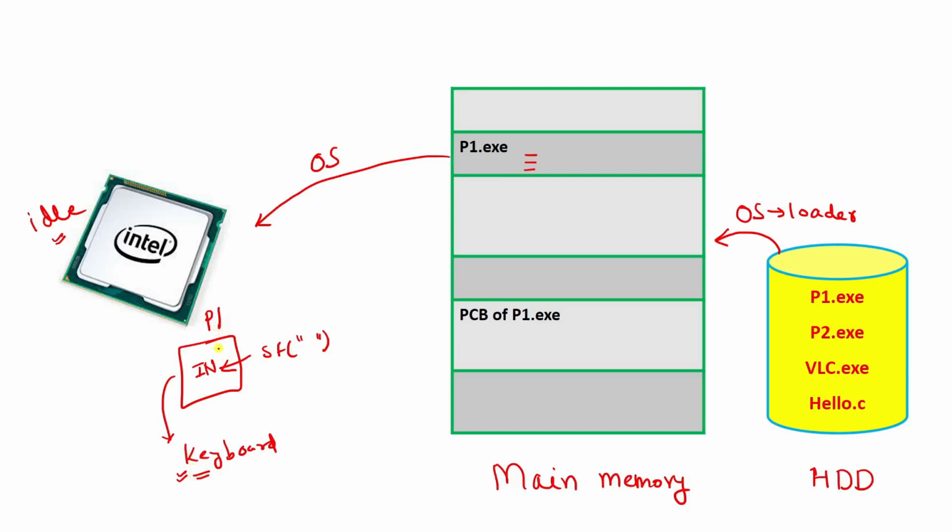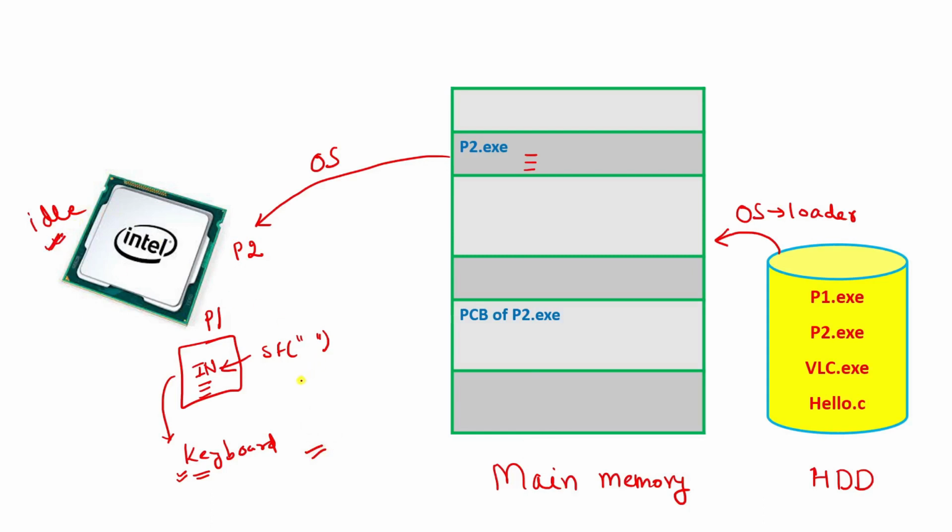Now let's say after some time P1 completes execution and then P1 is removed from the main memory, right? Now after some time, let's say another process, P2, comes from this hard disk and is loaded into the main memory. Now P2 will start executing on this CPU, and when it needs any IO device, it uses the IO device, but in the meantime this CPU will remain idle, okay?